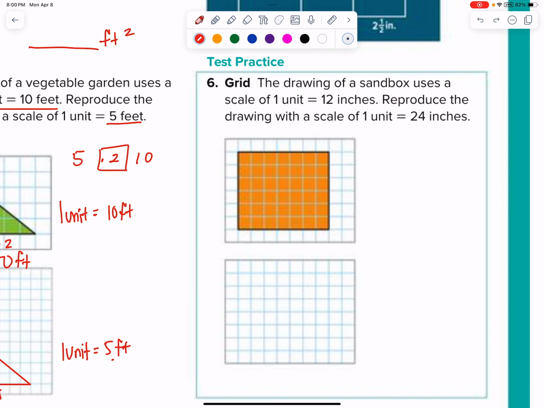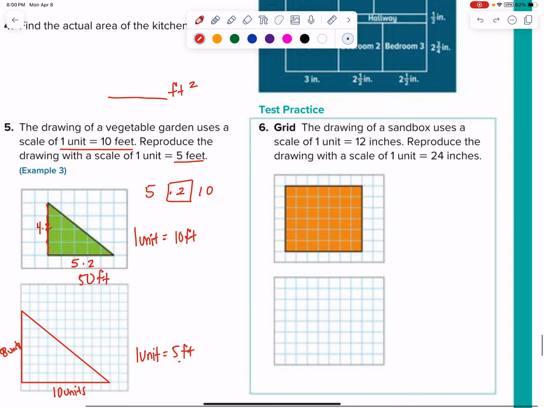Okay, the drawing uses a scale of 1 unit is 12 inches. Reproduce it with a scale of 1 unit equals 24 inches. Okay, so this one, think about this, is a little bit opposite. Okay, so this one here, every box is 12 inches.